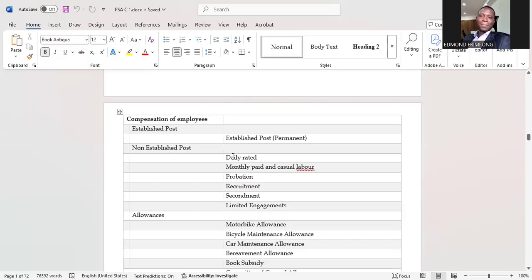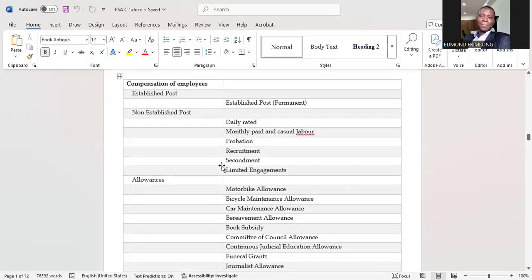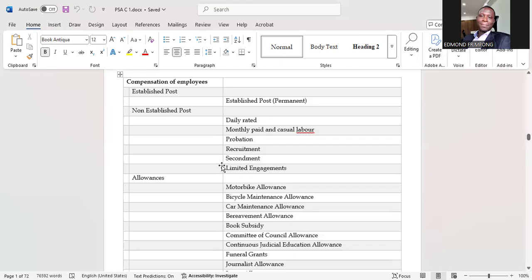So we have non-established posts. And for the non-established posts, these are the things we have: the daily rated, monthly paid, and what have you. So we have established post, non-established post, allowances.